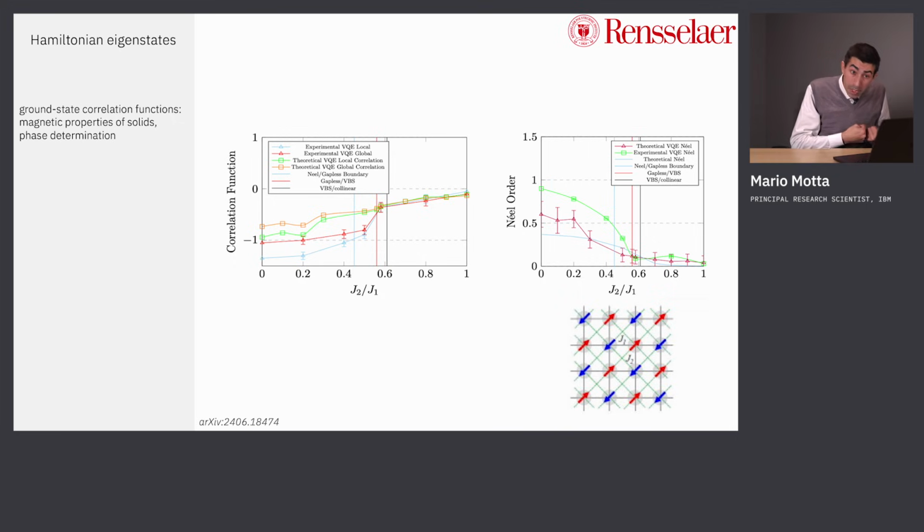So we are now in condensed matter, and we are not just looking at energetics but at properties, with the goal essentially of elucidating the nature of the magnetic correlations in a spin model, and also observing how magnetic correlations onset and transform as some parameter in the model is changed. In this case, the competition between a nearest neighbor and a second nearest neighbor interaction strength.